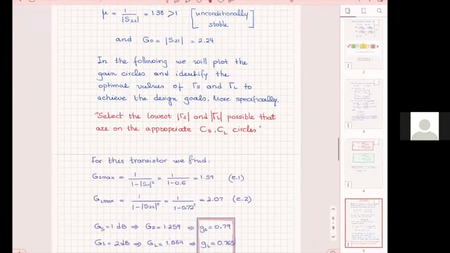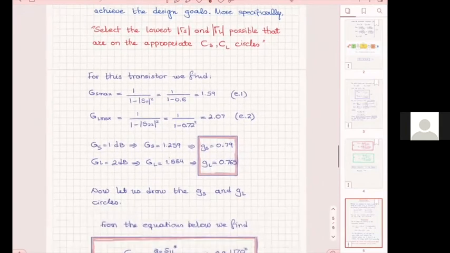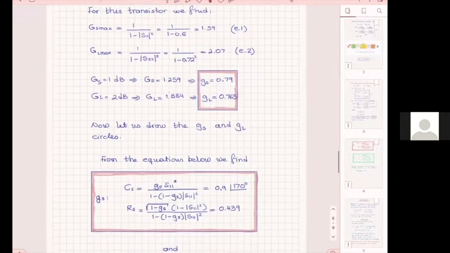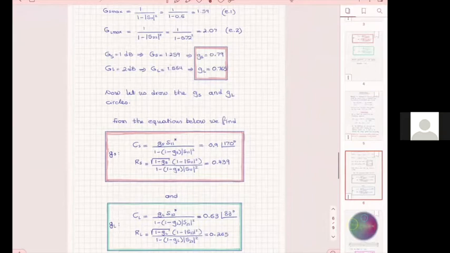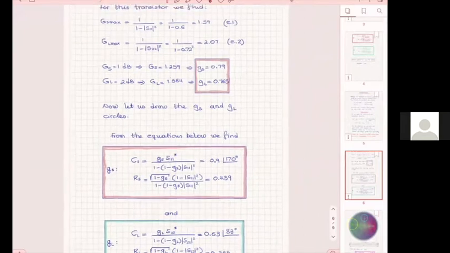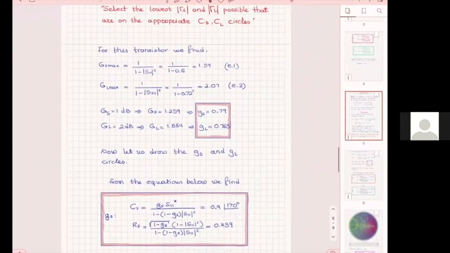So the question is, how do we manage that? We know how to do maximum gain. How would we go about specifying another method to get lower gain? Now, we introduced here two other parameters, this G sub S and G sub L.